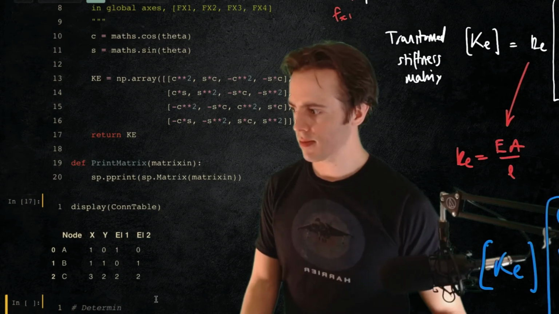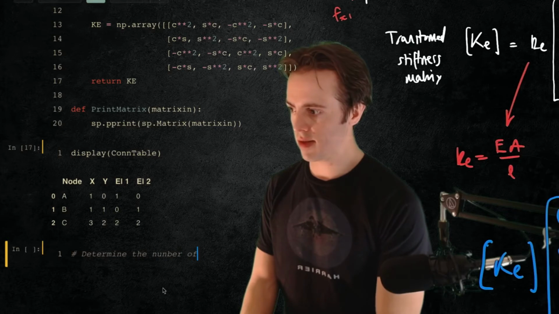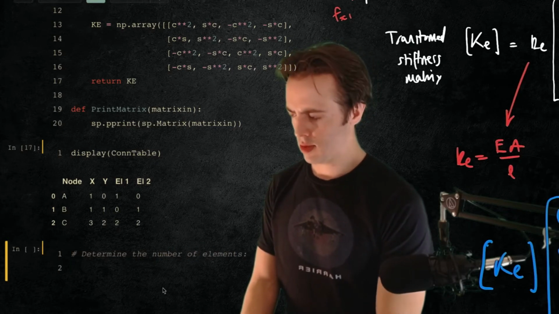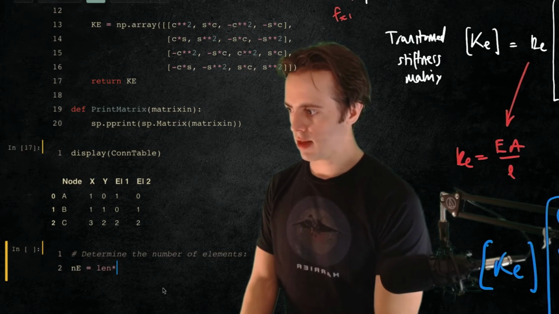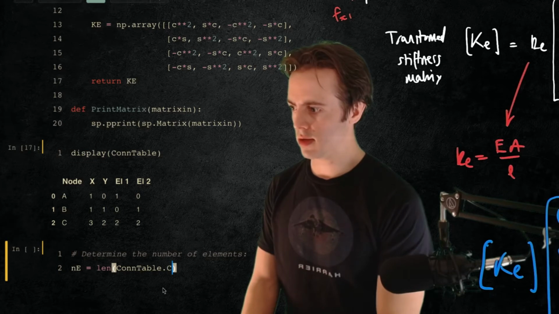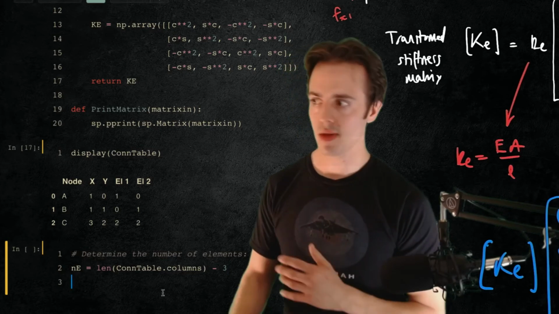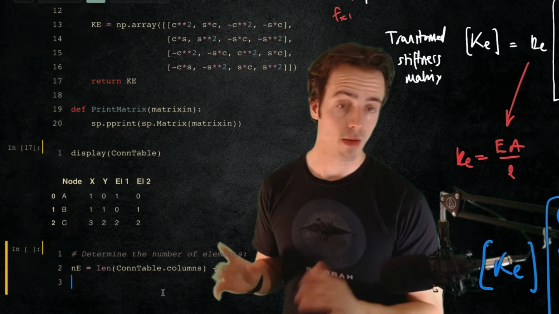Let's say determine the number of elements. We'll say any is equal to the length of contable.columns minus 3. Okay, because we want however many columns there are, take 3 away, that's the number of elements that we must have in this matrix.